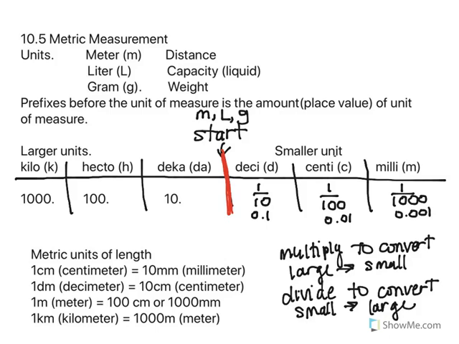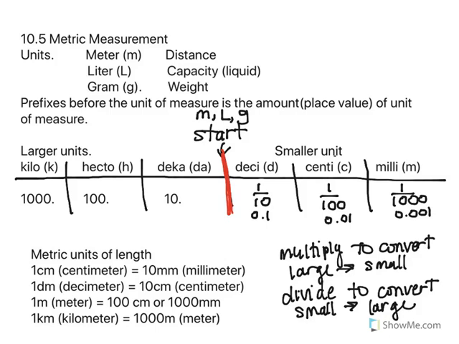So we need to keep this in mind, that what we learned in previous chapters, that each unit of measure is 10 times greater than the unit before it, is the same in terms of metric measurement. So for the metric units of length, 1 centimeter equals 10 millimeters, because the centi is 10 times greater than the milli.